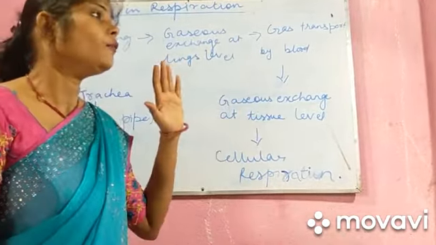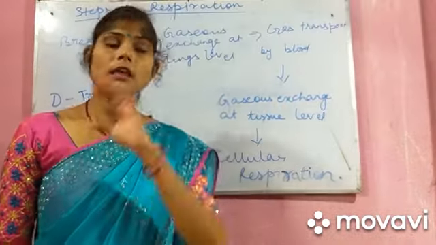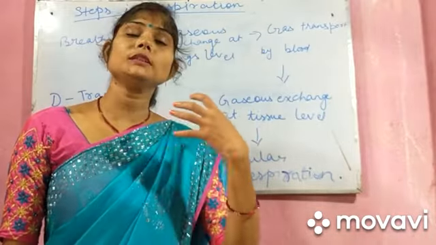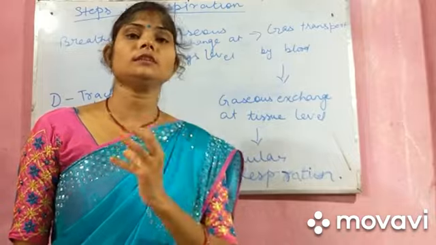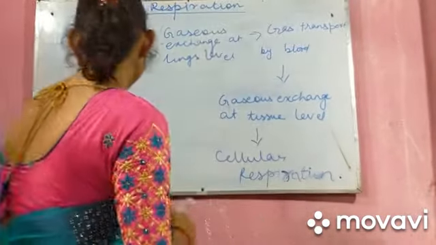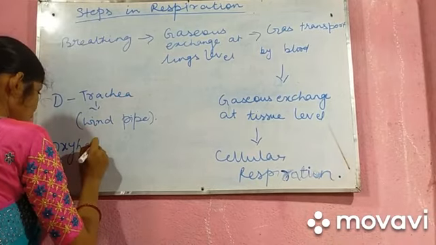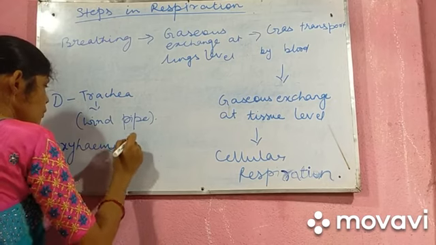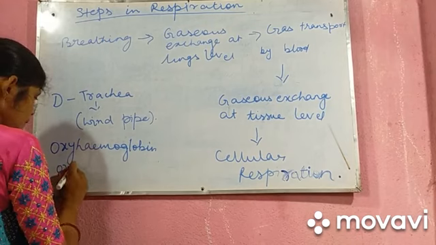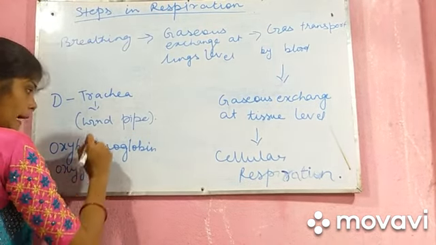What happens when the oxygen is stored in the lungs? The blood from the heart goes into the lungs, mixes with the oxygen, and becomes oxyhemoglobin. Oxyhemoglobin means oxygen plus hemoglobin.